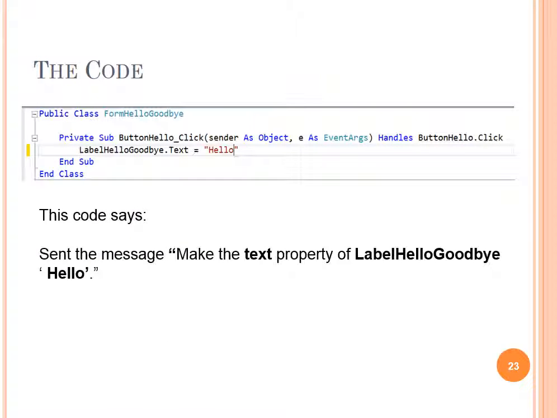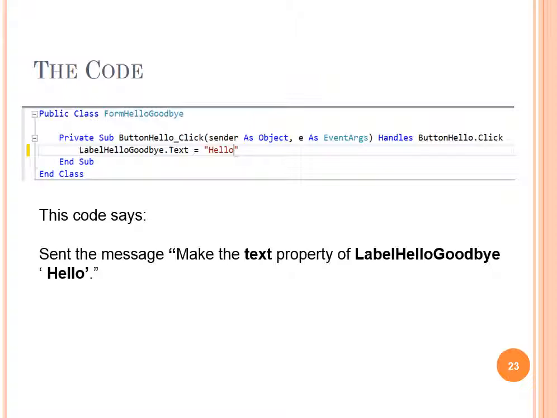So the code says send the message, make the text property of label hello goodbye the word hello. Okay, now this term, by the way, sending a message, is a term that is used in object-oriented programming. We are actually setting the property of the label, which we did before, from the properties window, and now we're doing it from the code.